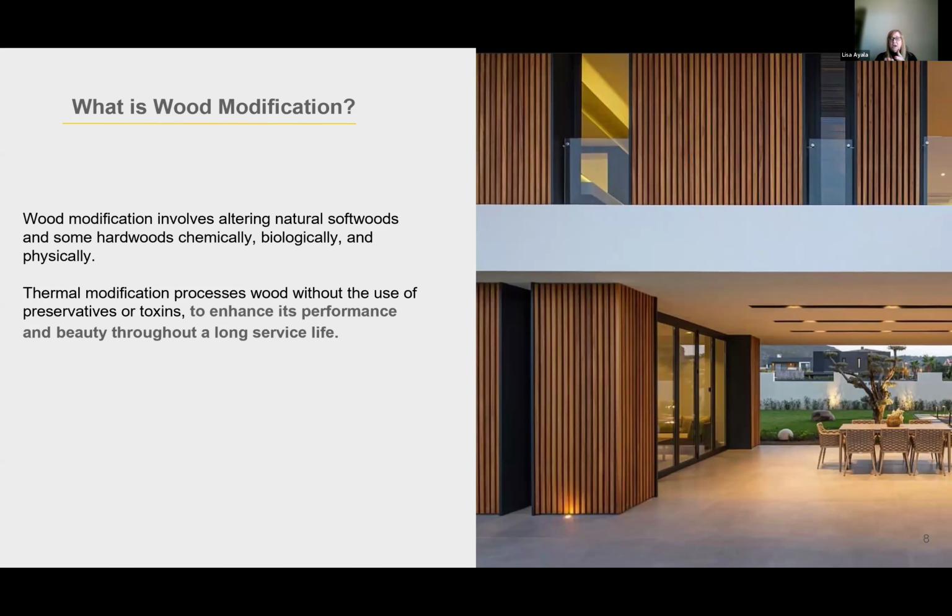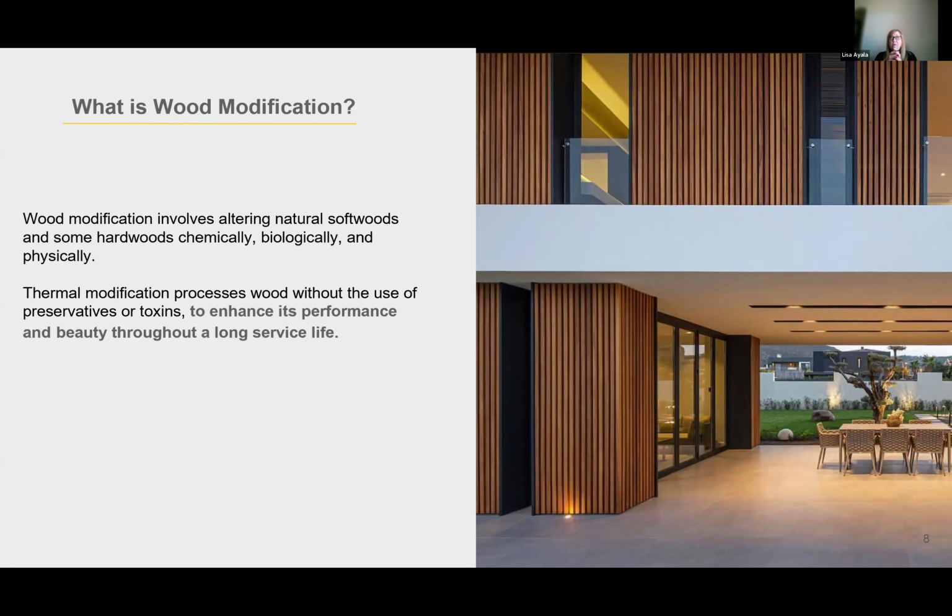So there are 3 types on the market. There's chemical, there's biological, and there's physical changes where you can add something into the wood and cure it. Biological would be thermally modified wood, and chemically modified wood is where you're inserting a chemical of some sort that will change the wood through heat also. So today, what we're really spending our time on is the thermally modified process.